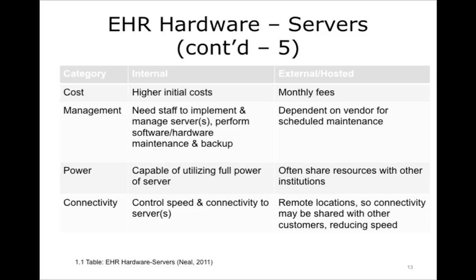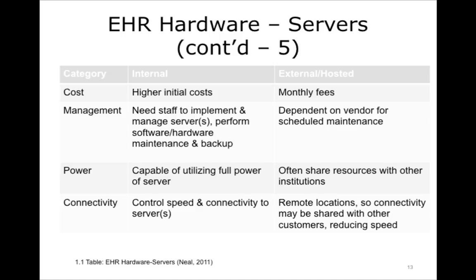The cost. Internal servers mean higher initial costs, but external or hosted servers means monthly fees. Consider whether monthly fees will outpace the costs of purchasing and maintaining an in-house infrastructure. Management. Internal servers means staff is needed to implement and manage them and perform software and hardware maintenance and backup duties.